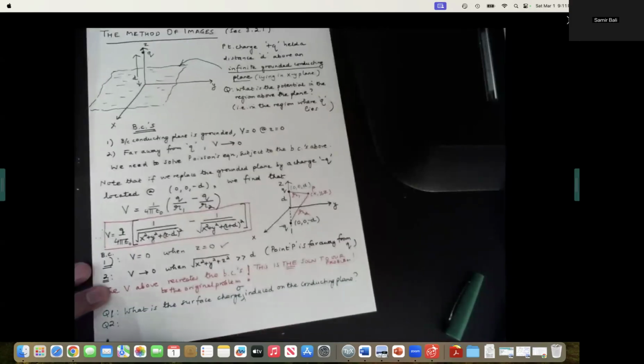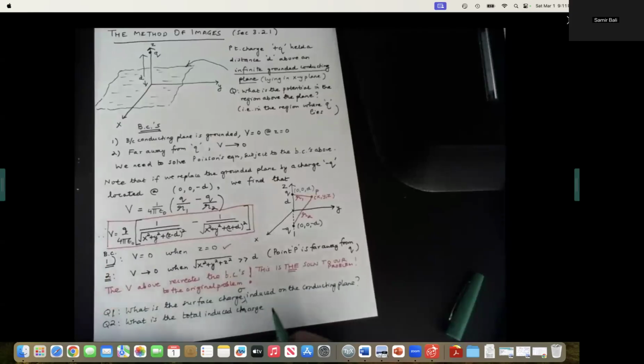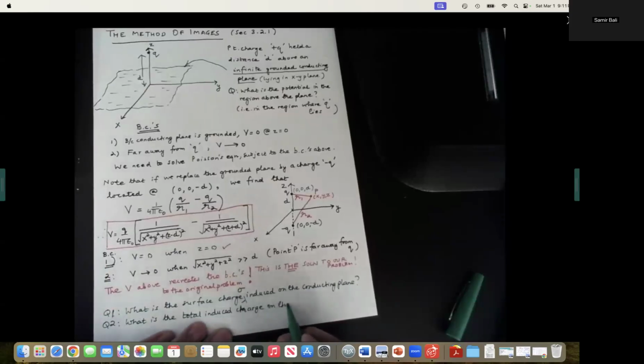Question 2 could be, what is the total induced charge on the plane?